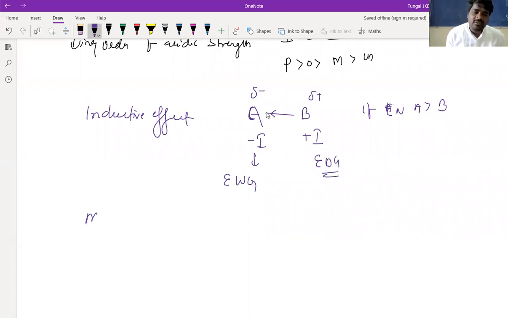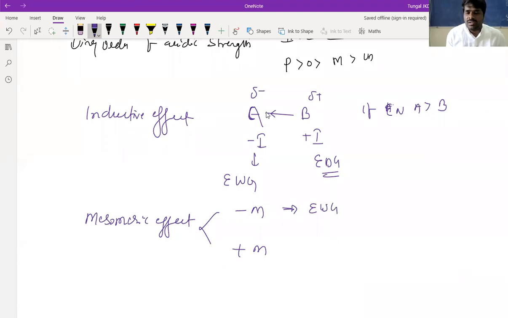So there is one other effect called the mesomeric effect. What is the mesomeric effect, beta? With respect to it, there are two types of groups: minus M and plus M. Minus M means electron withdrawing groups, whereas plus M is electron donating groups. You have already studied this in GOC last year, beta.